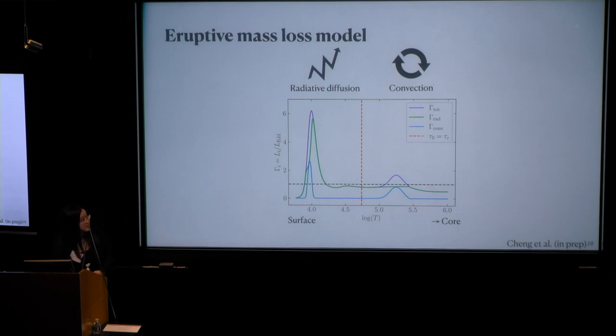And the red dotted line here separates regions of the star where diffusion dominates versus where convection occurs. So towards the left of the red line is where radiative diffusion can actually carry energy, and towards the right, convection is very efficient and traps energy. The black dotted line is where the ratio is 1.